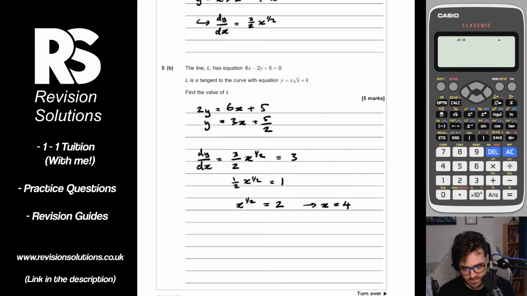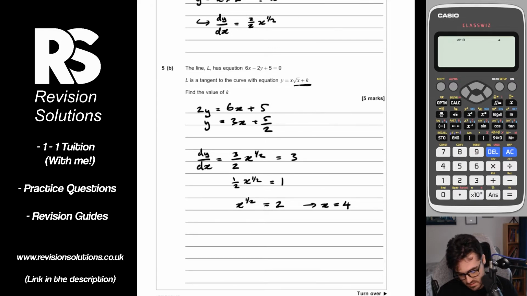And now, if we want to find this constant k, I'm going to need an x and a y coordinate to lie on there. But as L's a tangent, the point where it's a tangent lies on both the line and the curve. So we can plug the x value we know into L, and it will have the same y coordinate for both the line and the curve.